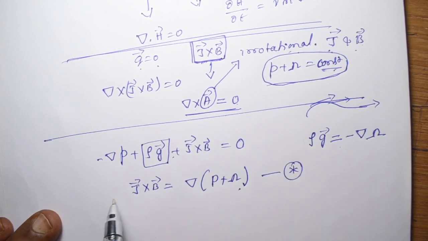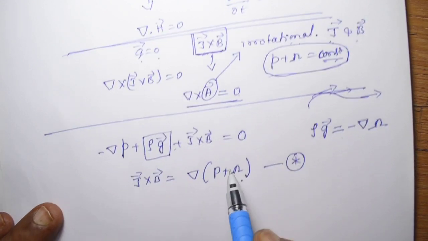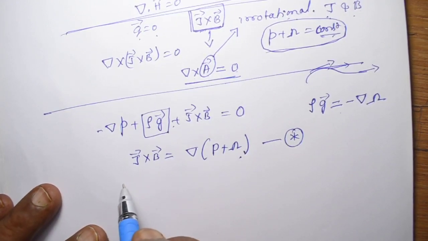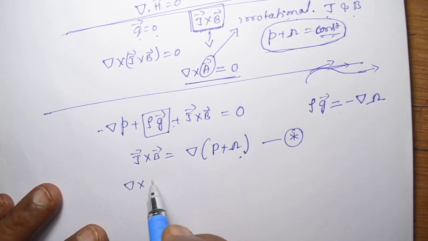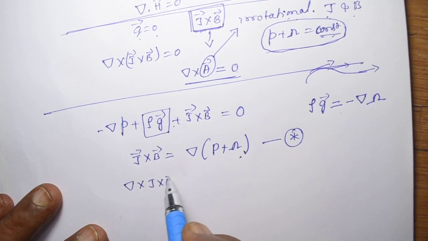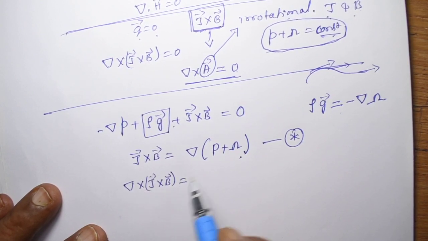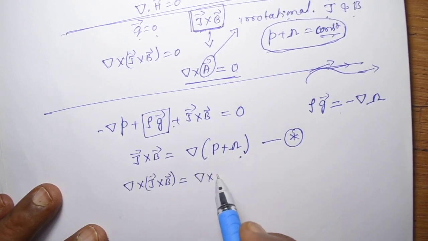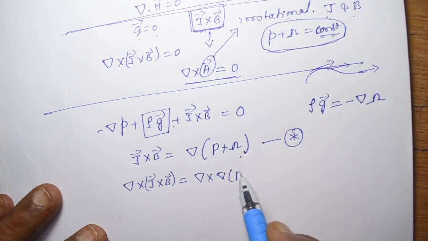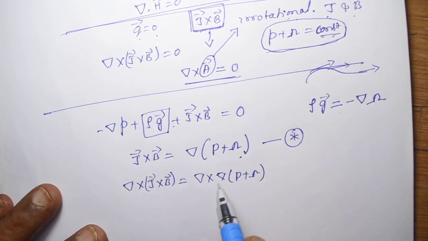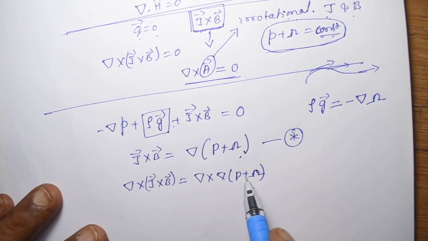By taking the curl on both sides of this equation, what are you going to get? Curl of J cross B equals curl of gradient of P plus omega. But from one of the vector identities, you know that the curl of a gradient is equal to 0.